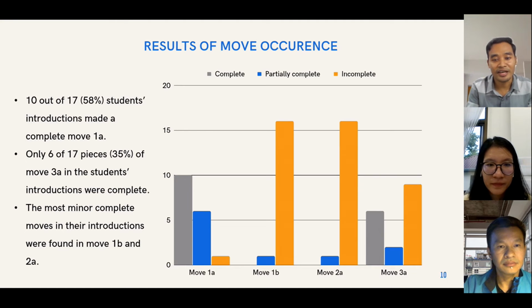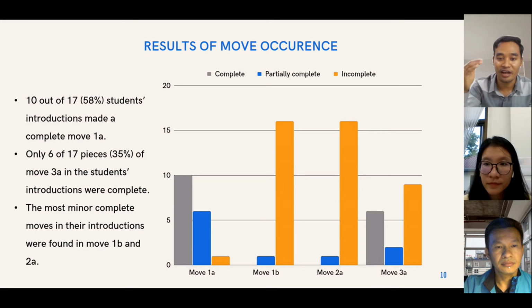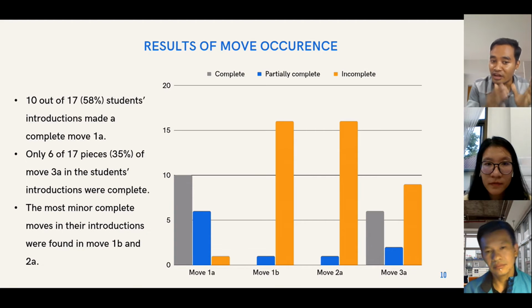It is worth noting that these four different moves were constructed together to create an effective introduction based on the CARS model. Moves that are basically obligatory were less or not found in most of the introductions. These gaps might continue until clarifications are made.